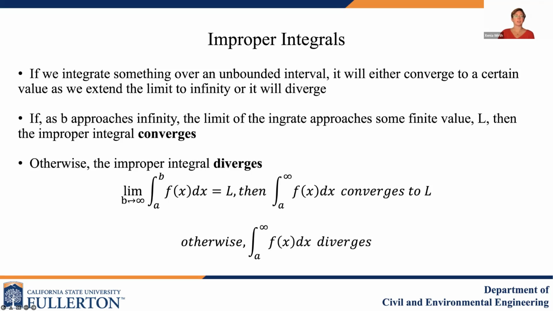And then we take the limit as that placeholder variable approaches infinity. So we start by taking the integral with b as a placeholder limit of integration for our infinity value, and then we take the limit as b approaches infinity. If that converges to L, or converges to a certain value, then that integral will converge. Otherwise, that integral will diverge.